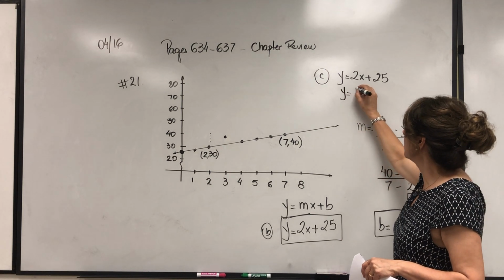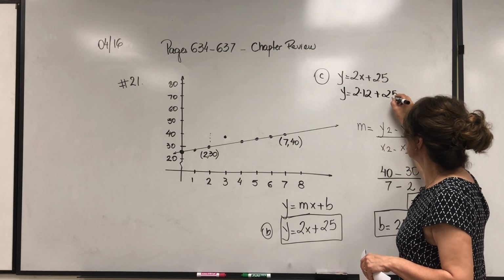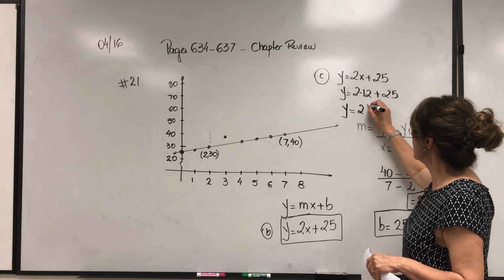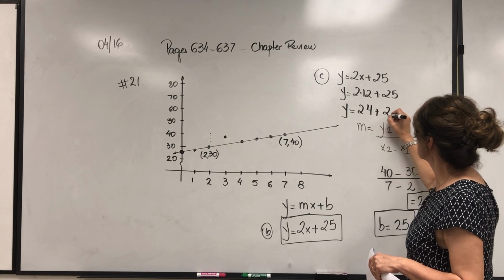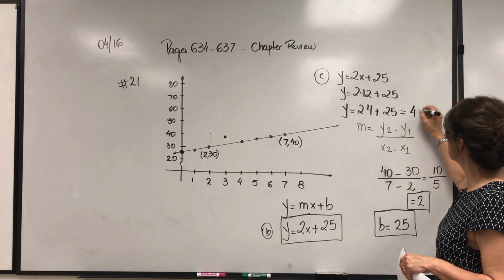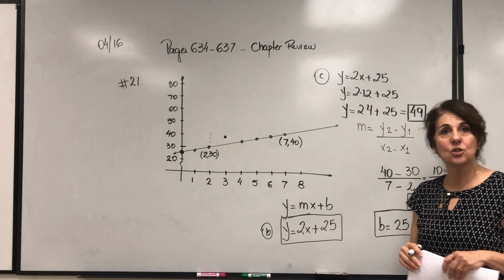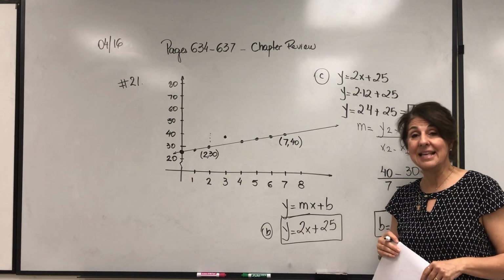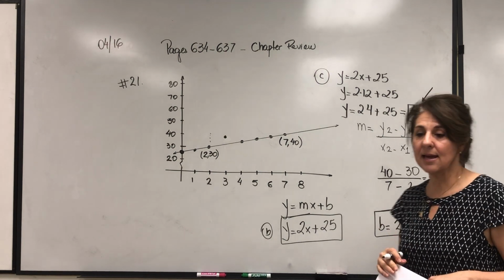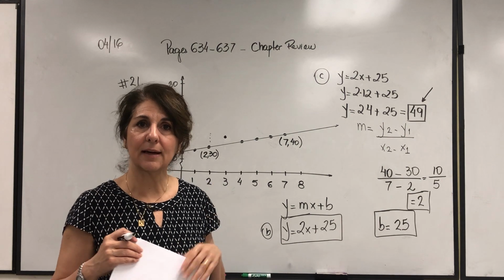So y is going to be 2 times 12 plus 25. 2 times 12 is 24, plus 25, which is 49. So for game number 12, the prediction is that they have 49 students in the game.